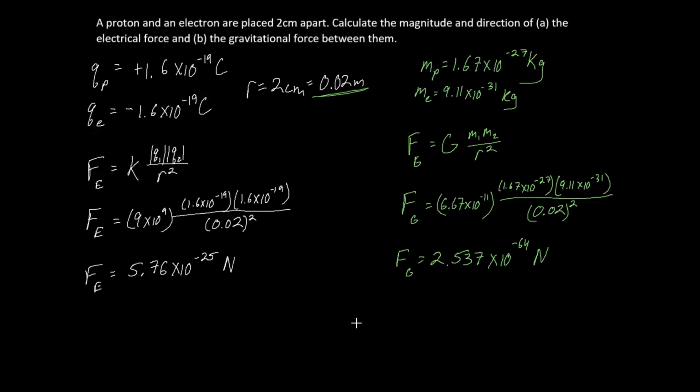So this is extremely small. When you compare the electrical force versus the gravitational force, the electrical force is much, much, much, much larger. So yes, it is a very small force, but it's still a lot more powerful than the gravitational force between things. So that's just something to keep in mind as you're working through, is that the electrical force is going to give you very, very small numbers, but it doesn't take a lot of force to move these very, very small objects.